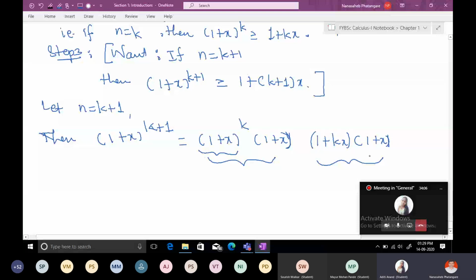The left one. This is because if a is greater than b and c is positive, then ac is greater than bc. This is certainly true provided c is positive. If c is not positive, then we are not sure. And why does c positive make sense in our case? 1 plus x is like c in this inequality. Why is 1 plus x positive?